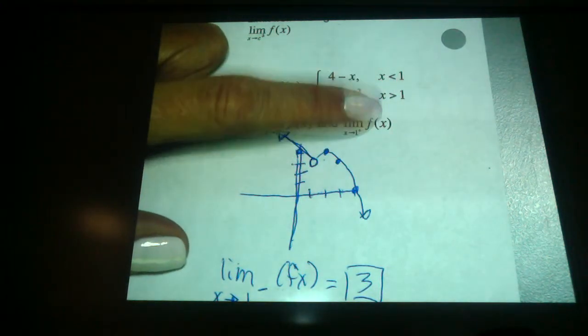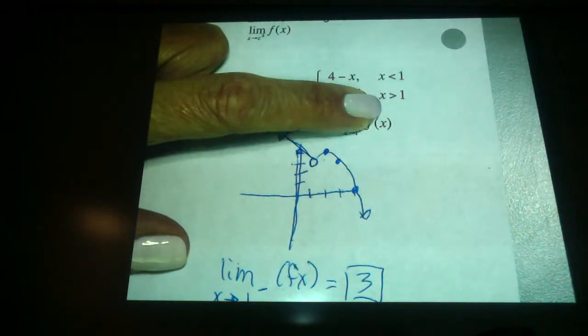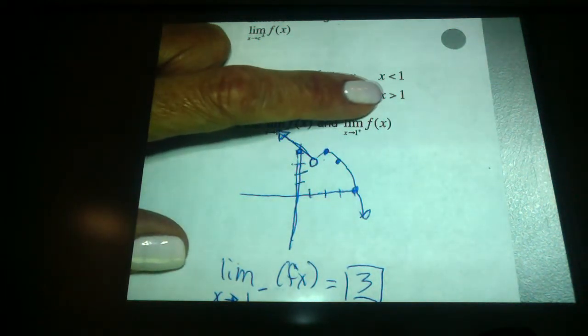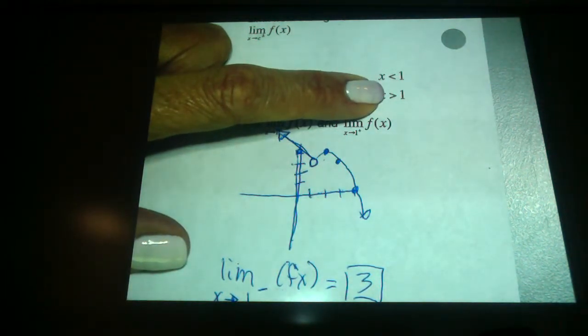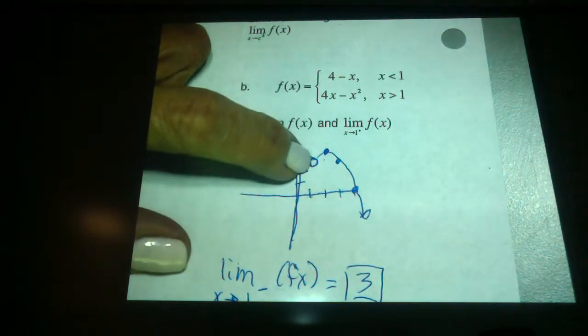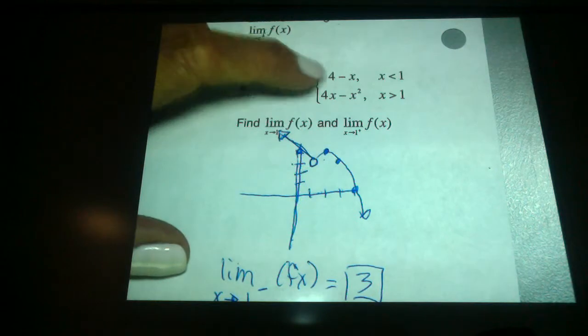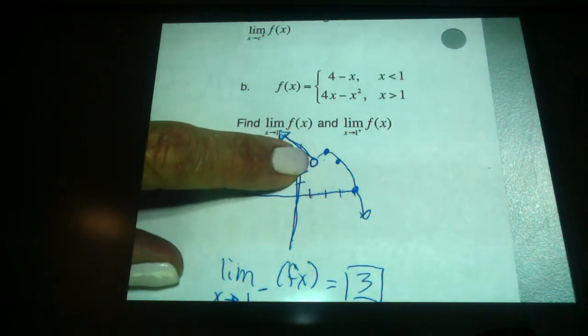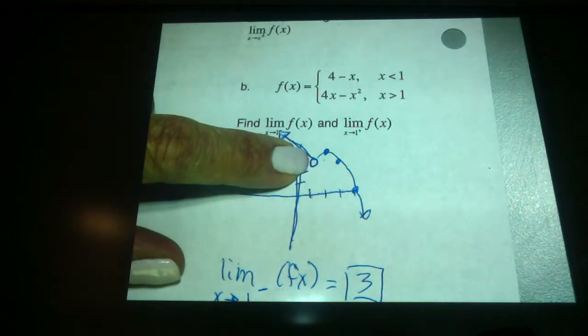And notice that there's no equal sign on this range or this domain. And so that means technically that there is no value for x at 1. There should be a hole in the graph, which is why I put a hole here. So at 1, 4 minus 1 is 3. So at 1, the y value is 3. There should be an ordered pair there, but because we can't equal 1, I put a hole.